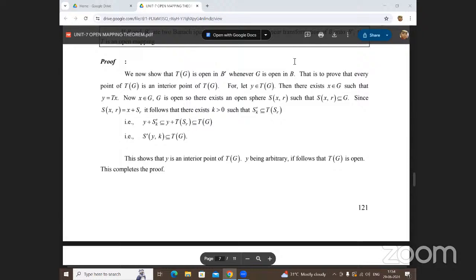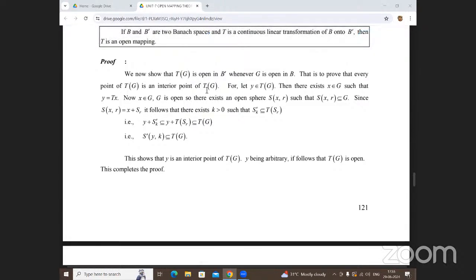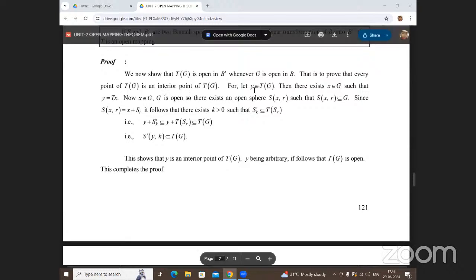So we have to prove that every point of T of G is an interior point. What is the meaning of open? First of all, the image of the open set must consist of interior points of T of G. So we take any one interior element, say y.